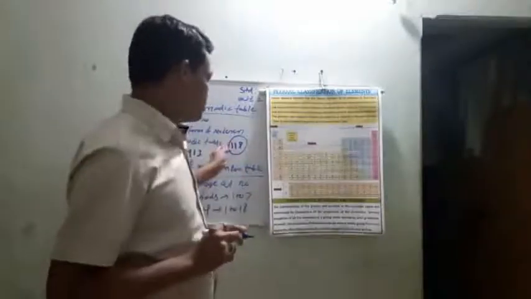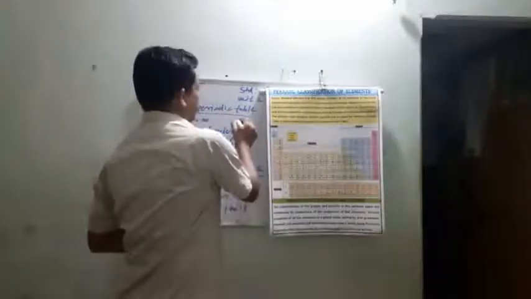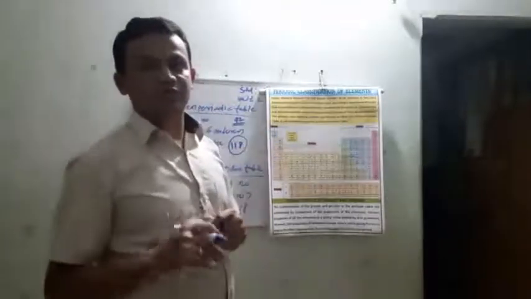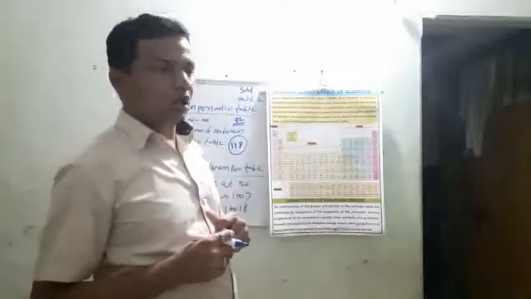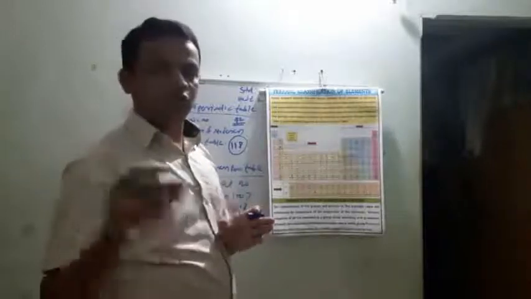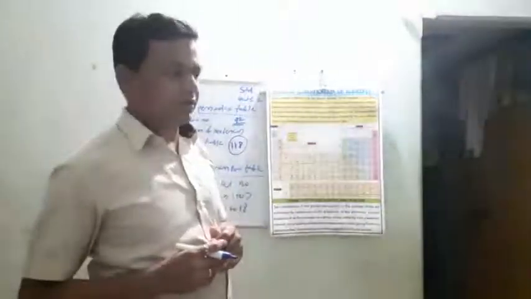Out of these 118 elements, those with atomic number 1 to 92, up to uranium, are naturally found, and after that, from atomic number 93 to 118, these elements are man-made elements.